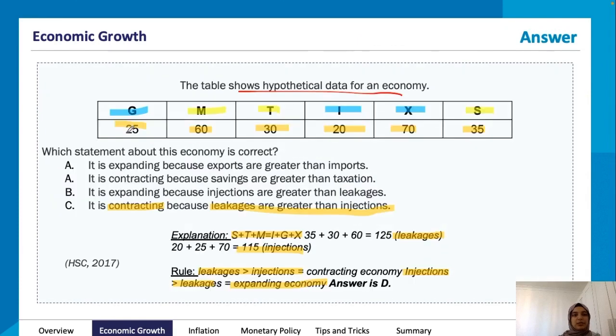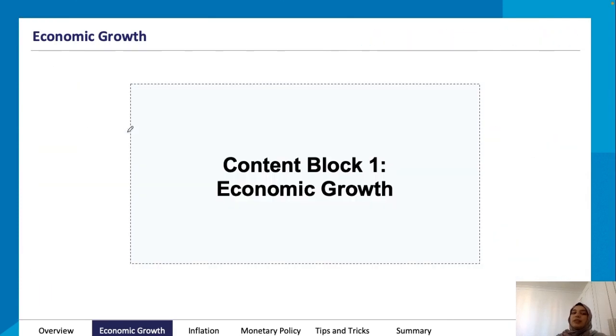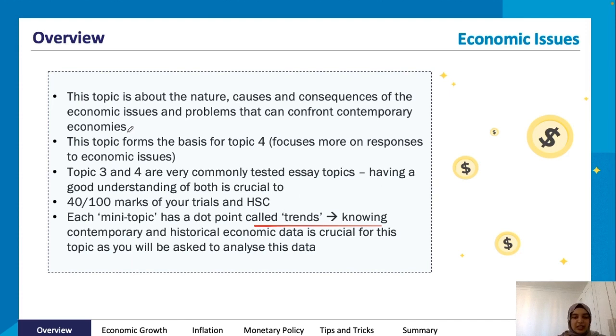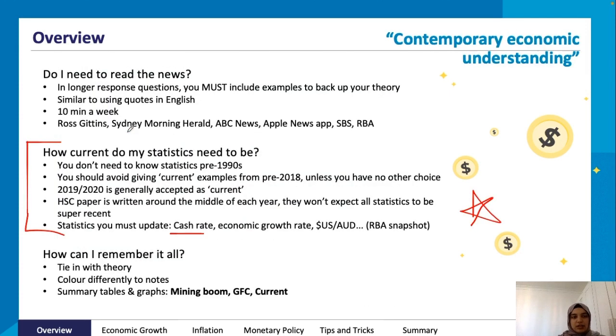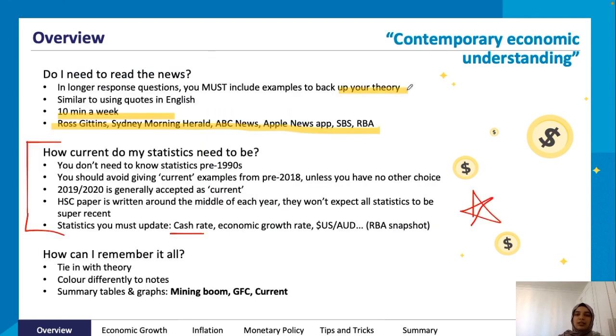There's a lot of back and forth, but I just really want you all to understand what I'm saying and why everything is linked to each other. So have these different articles and websites that you can refer to, spend 10 minutes a week, and make sure you make that connection between the theory and your news updates as your quotes analysis.